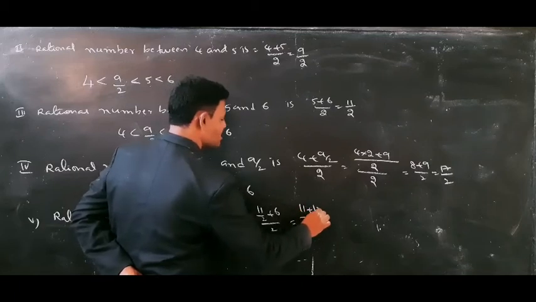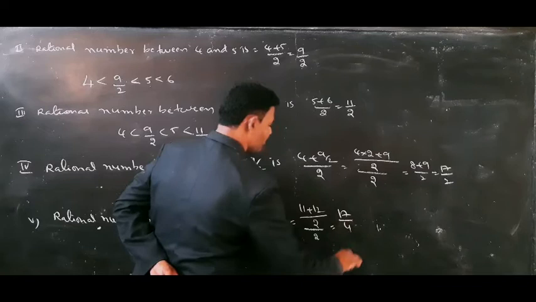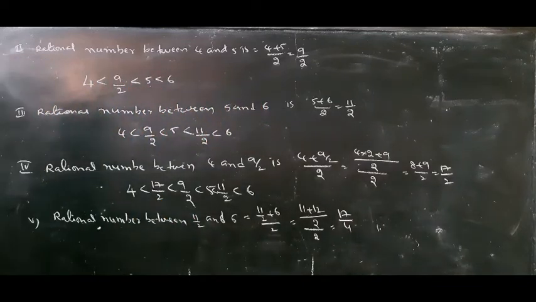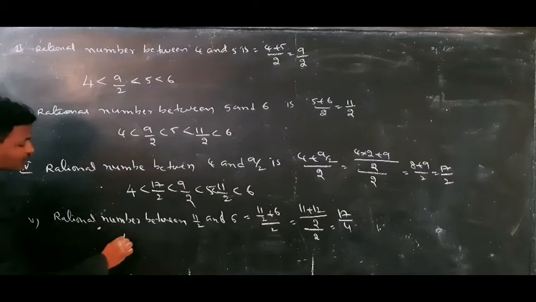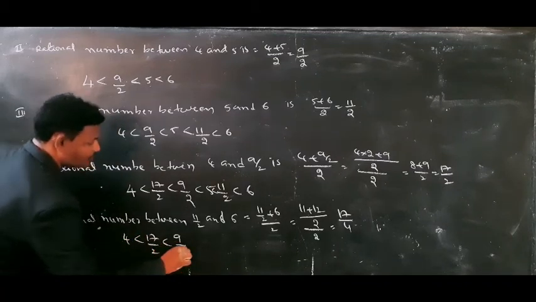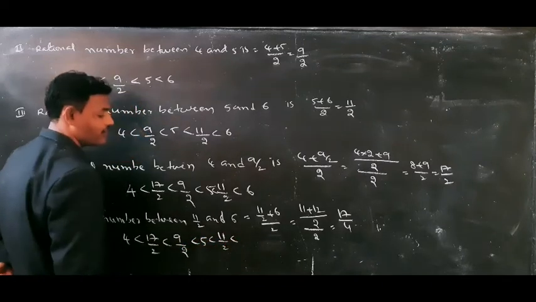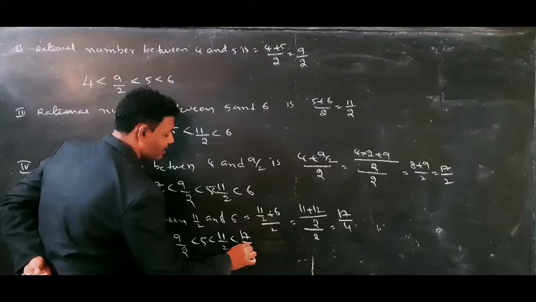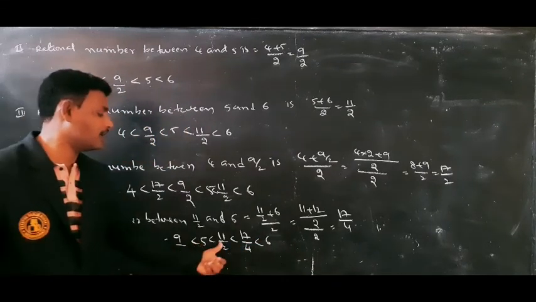So (11 plus 12) by 2 is equal to 23 by 4. So this is a rational number between 11 by 2 and 6. So 4, 17 by 2, 9 by 2, 5, 11 by 2, 6. 1, 2, 3, 4, 5.